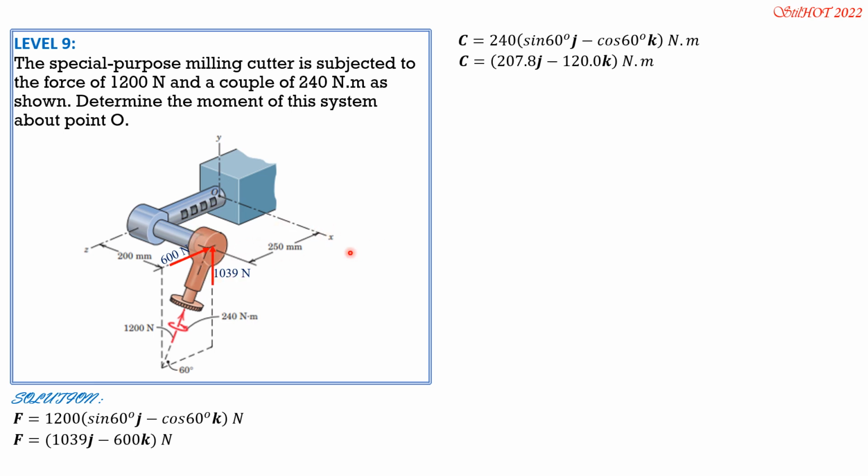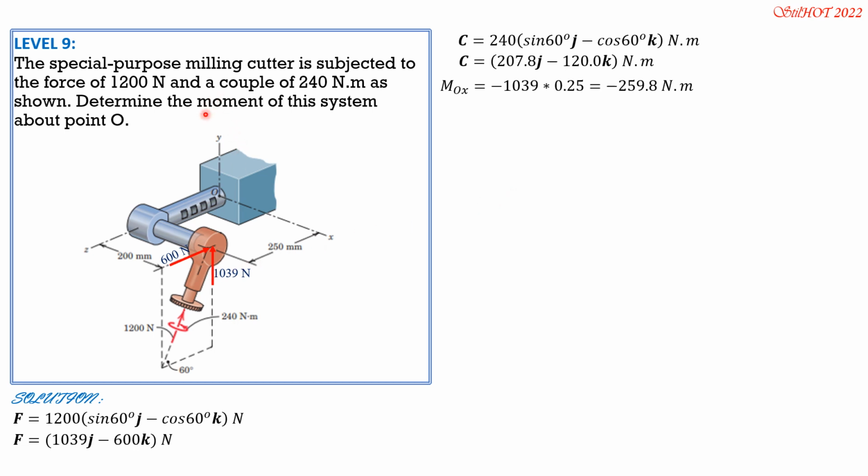If this is your right thumb, the positive sense would be in this direction. The moment of 1039 is in the opposite direction. So the moment about OX for this component of force is negative 1039 times 0.25. There is no I here, just that one, negative 1039 times 0.25. So it is negative 259.8 Newton meter.